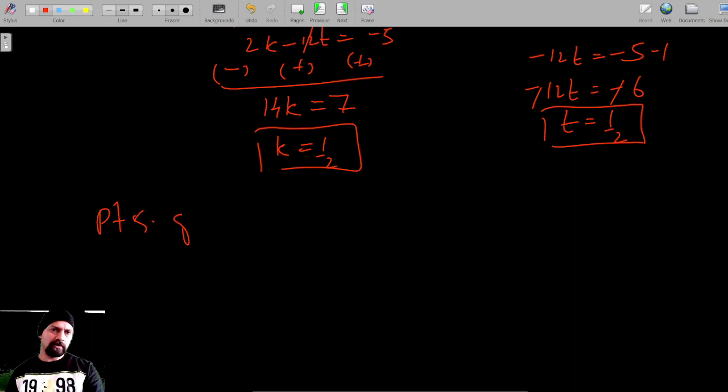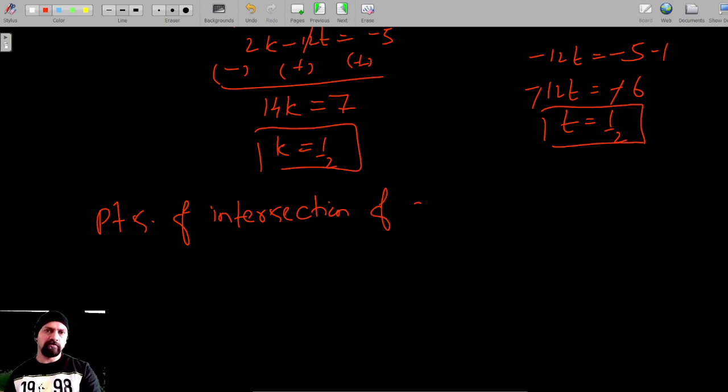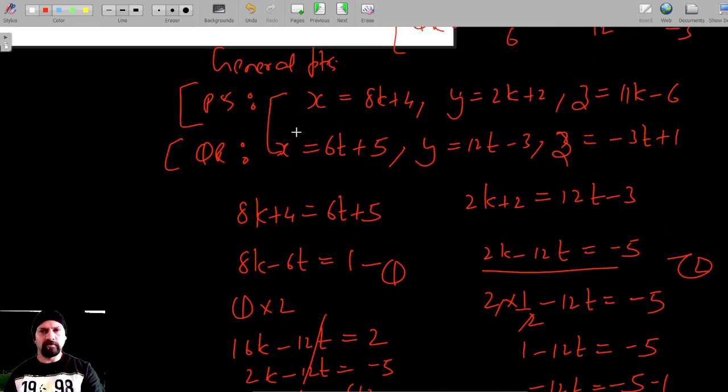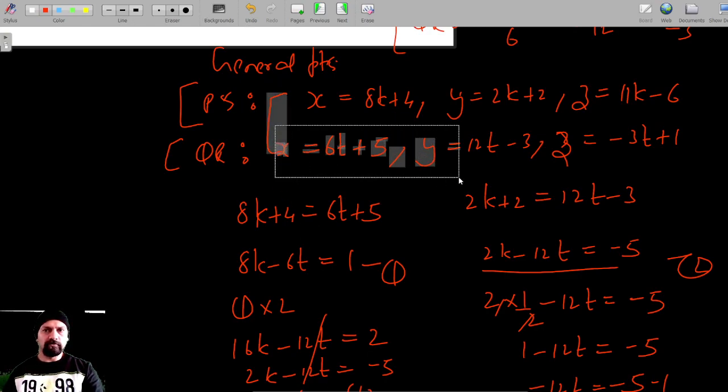Now let's find the point of intersection of the diagonals by replacing the values of k and t. We can take any of these points, so let's take these points.